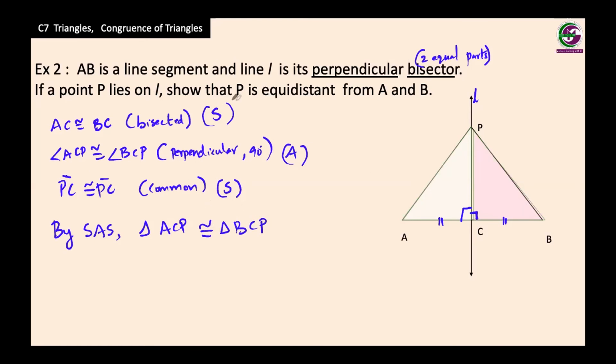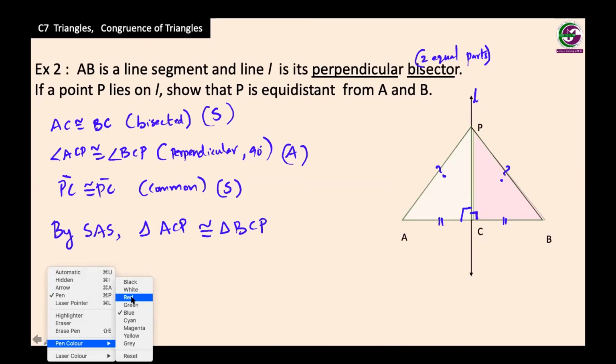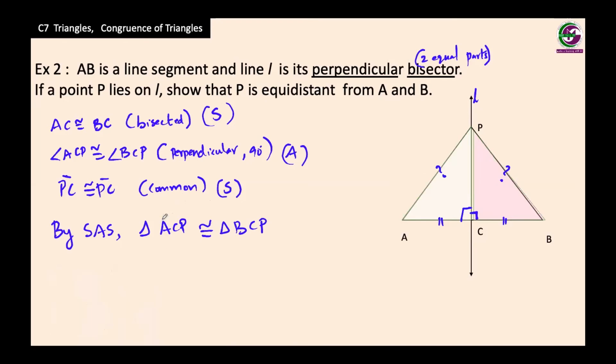Now the question is to show that P is equidistant from A and B. Means the distance from here, these two sides are equal. This is what you have to show. Now look at the congruence, AP, first and last letter. It should be congruent to BP.